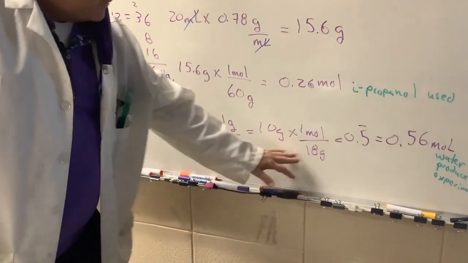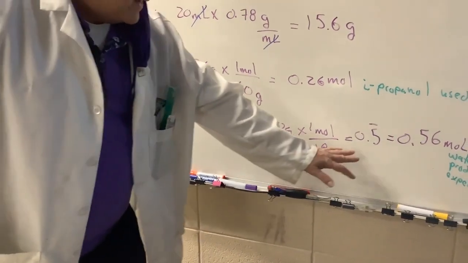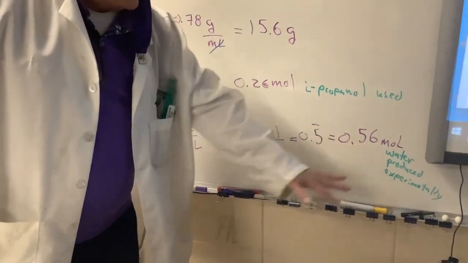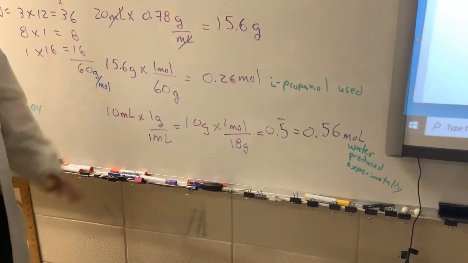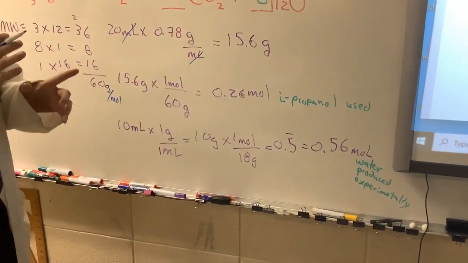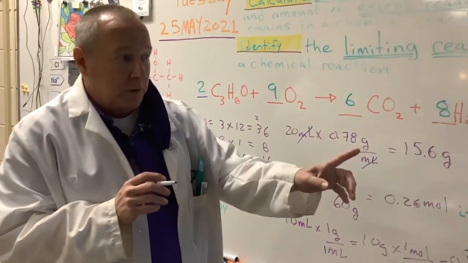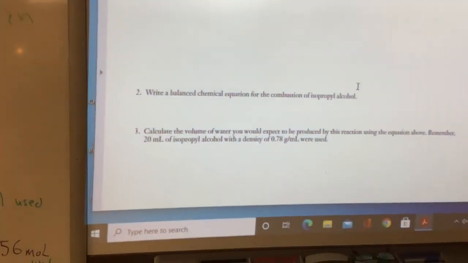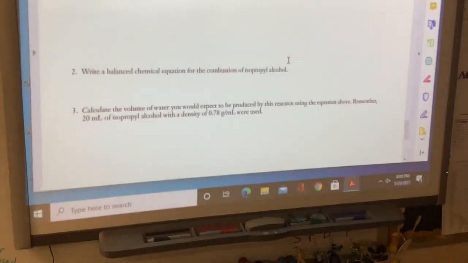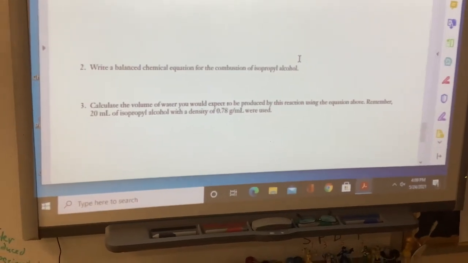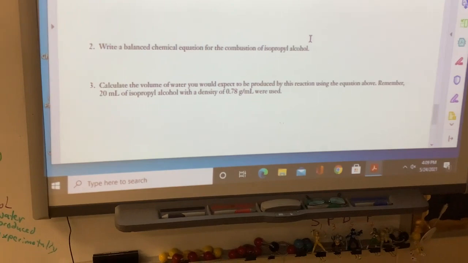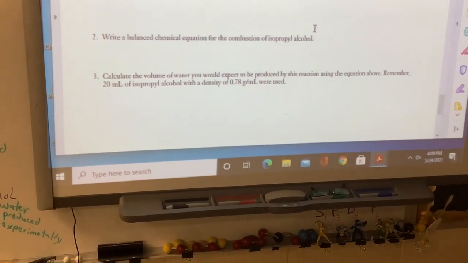So I'm dividing 10 by 18, and I get 0.55555, with significant figures, 0.56 moles. So now the question we need to answer, and you're showing your work here, is calculate the volume of water you would have expected to be produced. And I'm also asking you now to calculate your percent yield.